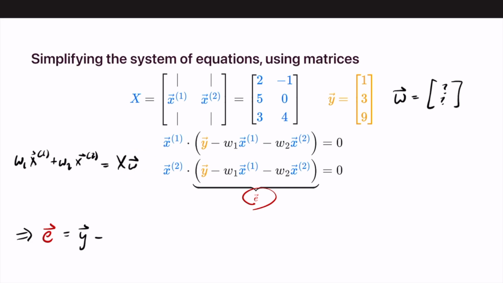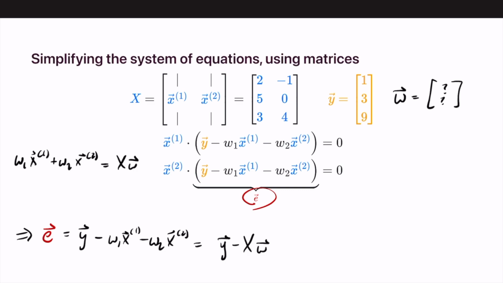We had Y vector minus W1 X1 minus W2 X2. And now we're just saying that this is essentially the vector Y minus X, the matrix X, times the weight vector. And this is a very nice thing.